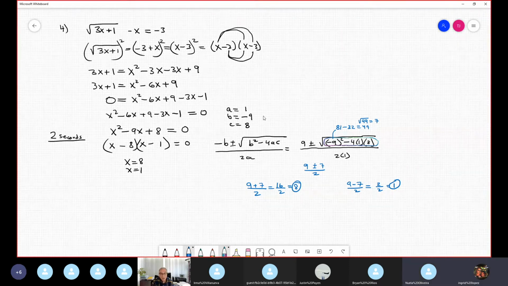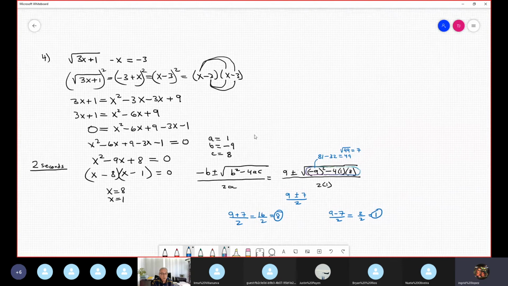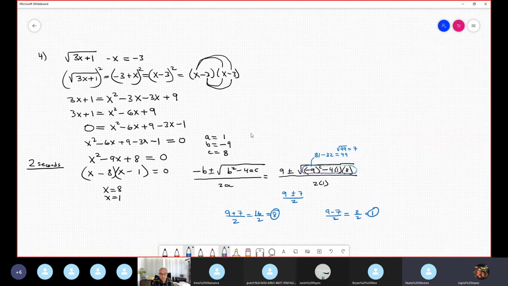Now we need to check it for both, for 8 and 1. Yes, Professor. Absolutely. Okay, square root of 3 times 8 plus 1, minus 8, should be minus 3.